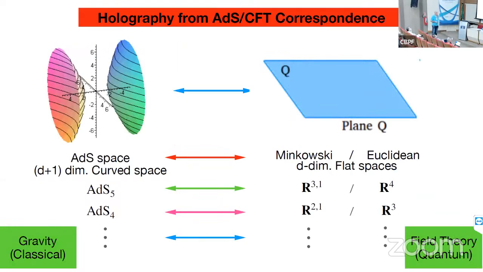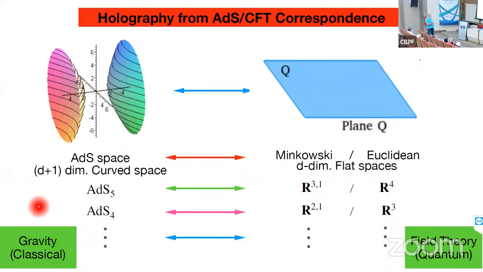So just a cartoon. In AdS space, you define some theory in this space, maybe 5-dimensional. That's the case here. Maybe 4-dimensional also. And you have a gravity theory on this side of the correspondence.